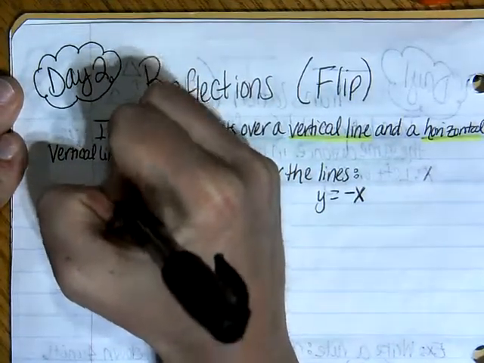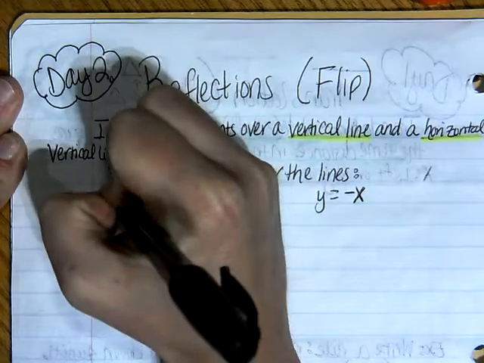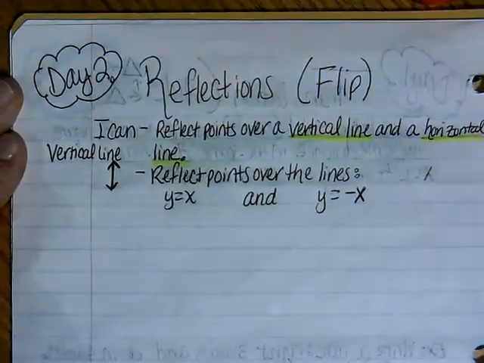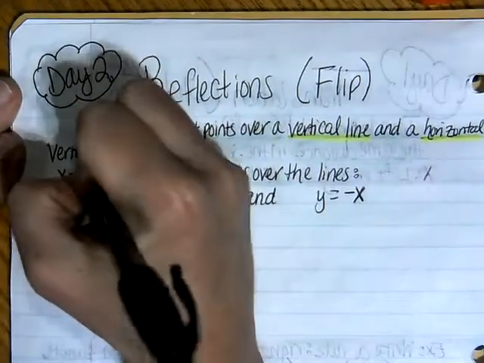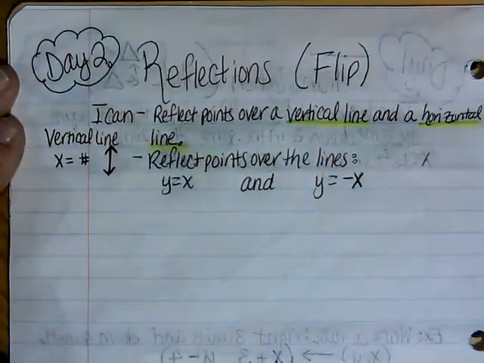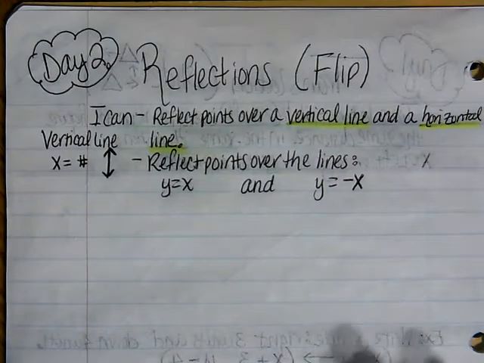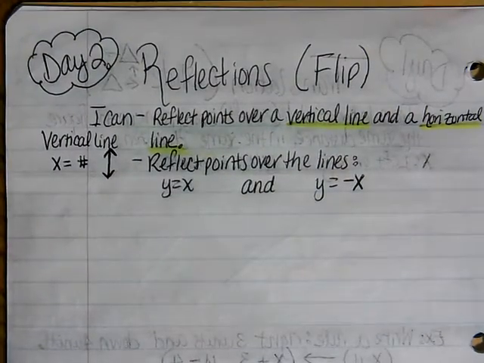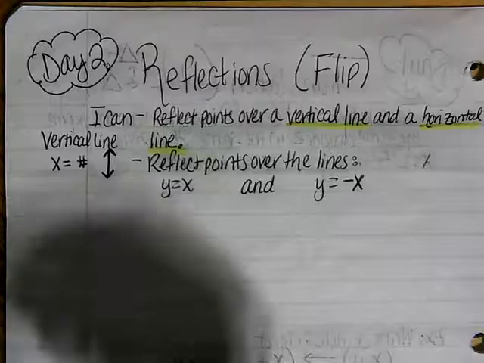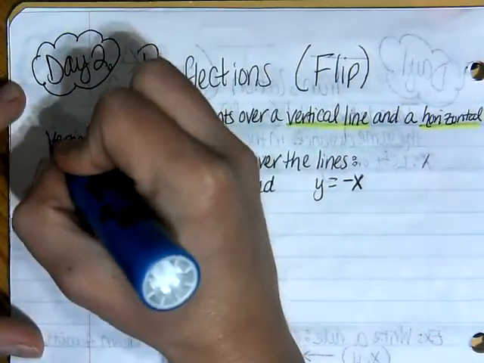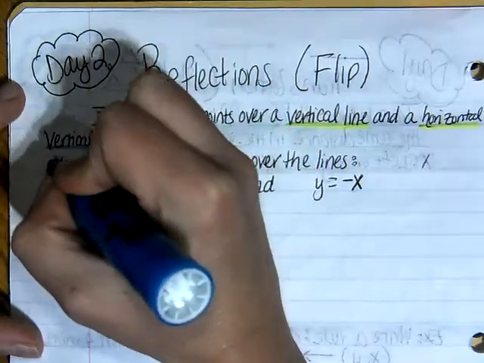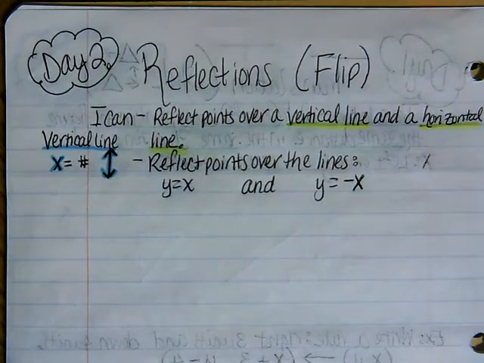It is a line that's going up and down, and it's part of the equation x is equal to a number. So if you see x is equal to a number, that's called a vertical line.